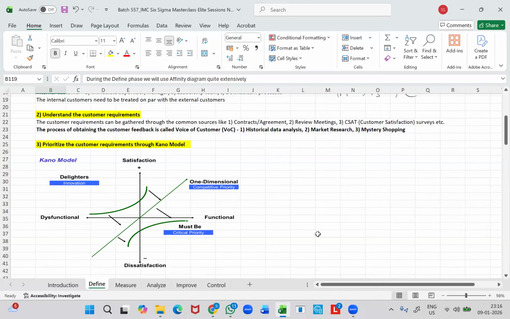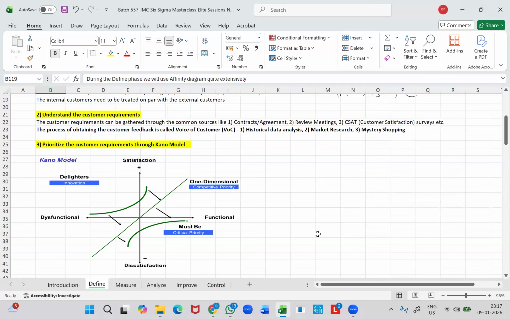The first one is the must-be need. Must-be needs are those which, if provided, the customer is not going to feel satisfied, but if not provided, the customer would be highly dissatisfied. We can always understand that the must-be needs are the critical priority needs, and the basic functionality of a product or a service will definitely get included in these must-be needs.